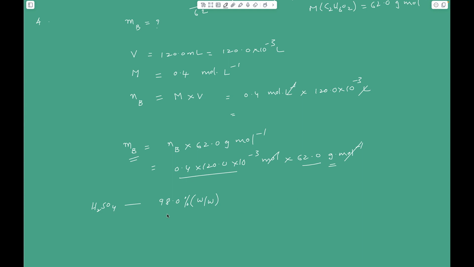That means if you take 100 grams of this solution, 98 grams of it is sulfuric acid and only 2 grams is water. And if you express this concentration in terms of molarity, it will be approximately 18.15. So this is a highly concentrated solution of sulfuric acid.